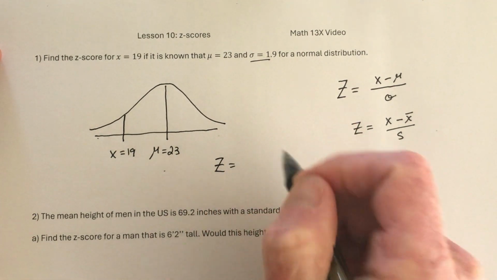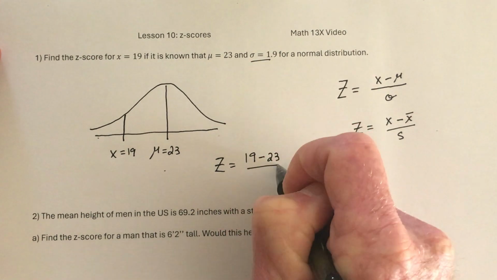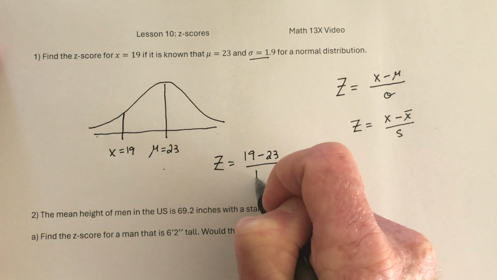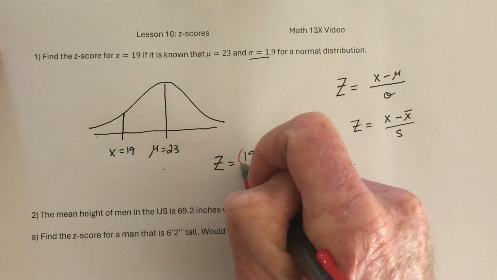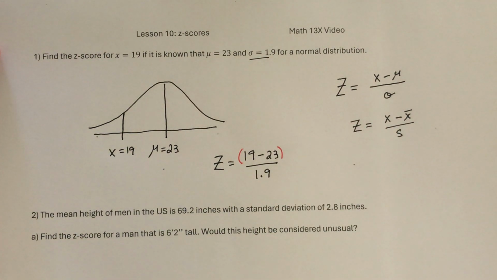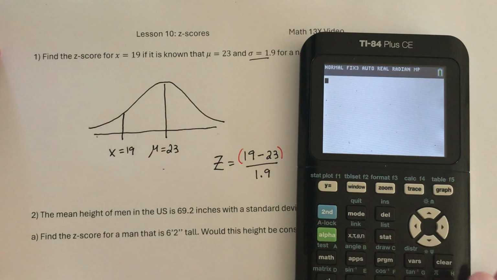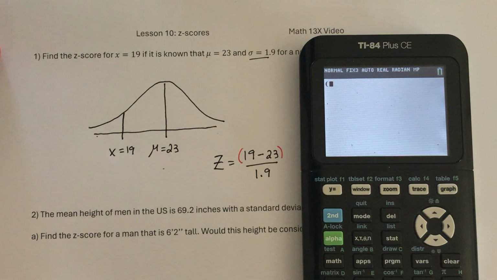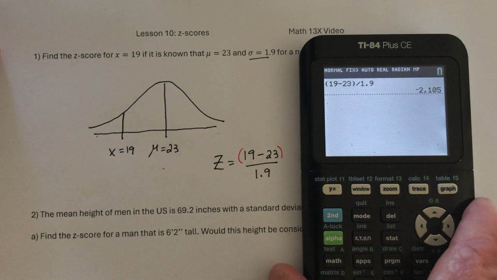So z equals the score of 19 minus the mean of 23, divided by the standard deviation, which is 1.9. When I put this in the calculator, I'm definitely going to put parentheses around the numerator. So parentheses, 19 minus 23 gets divided by 1.9. I got my parentheses in there, so the answer is negative 2.105.